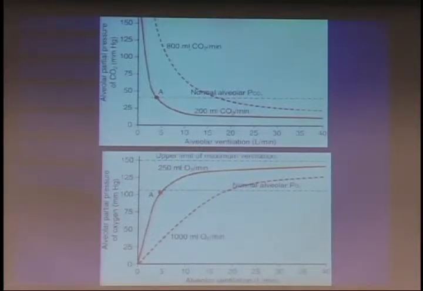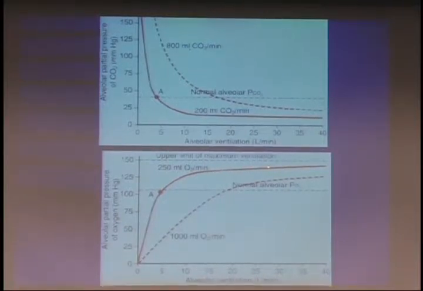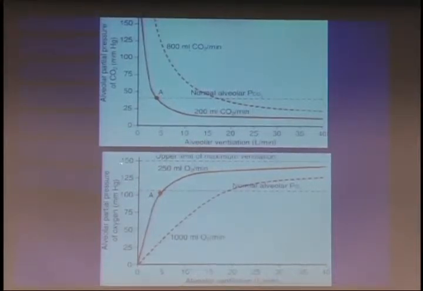And so one of the points I made back during that lecture was that as you increase your alveolar ventilation above normal, you start at an alveolar level around 100 to 105, and as you increase alveolar ventilation, the alveolar PO2 increases, and if you could really huff and puff, it would approach the value in the room air you're breathing.